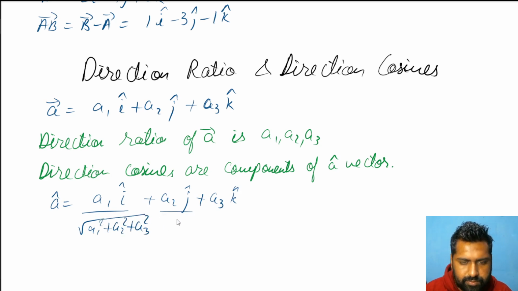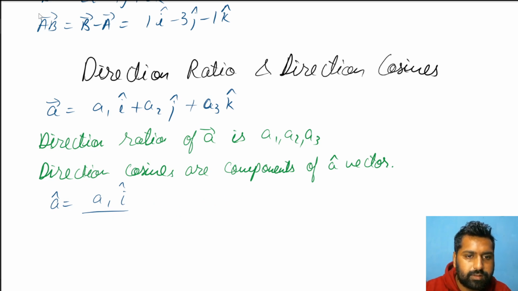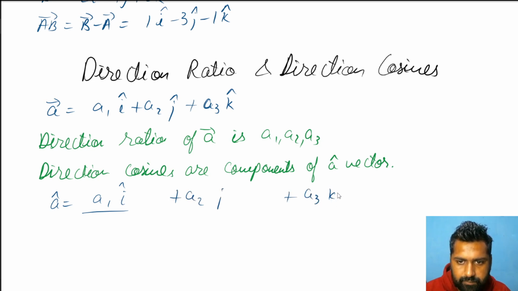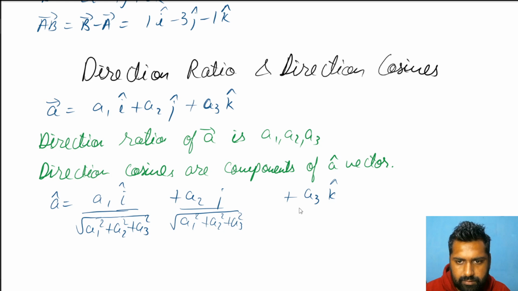Okay, this one also same thing. So I'll need more space. It will require more space. So A1i, A2j, A3k, and each component will be divided by the magnitude, that is root of A1 square plus A2 square plus A3 square.